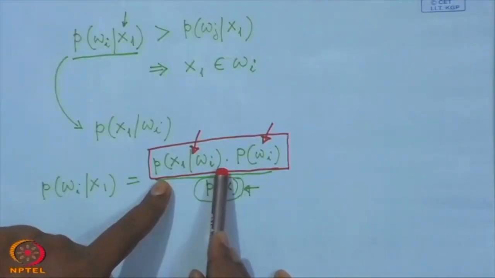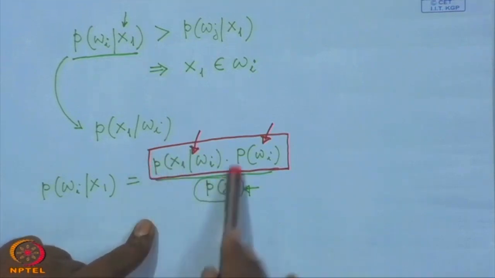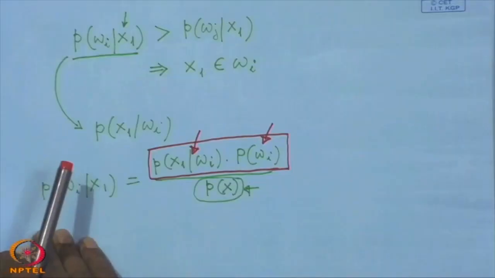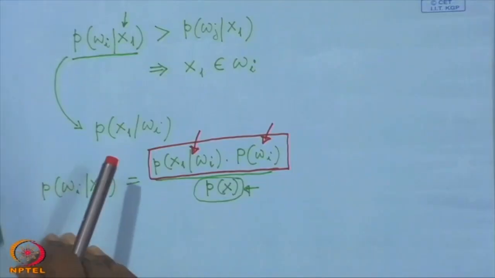So, I have a set of samples, and using those samples, I have to estimate P of x 1 given omega I. And obviously, I do not assume that this probability distribution function follows any known parametric form. So, how can we do that? That is the problem that we are going to discuss today and maybe tomorrow and the day after as well.